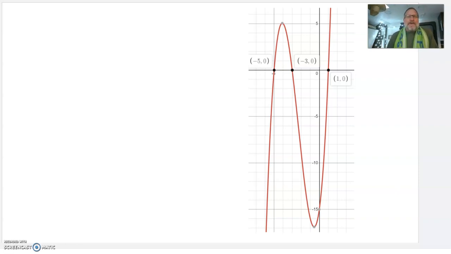Okay, if you look at the polynomial that's drawn over here, we have x-intercepts. I'll just comma separate them to list them. Looks like we got -5, -3, and a 1. So those are those x-intercepts.